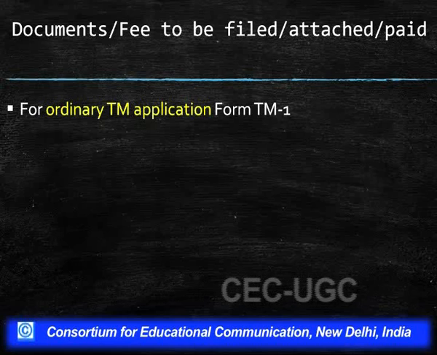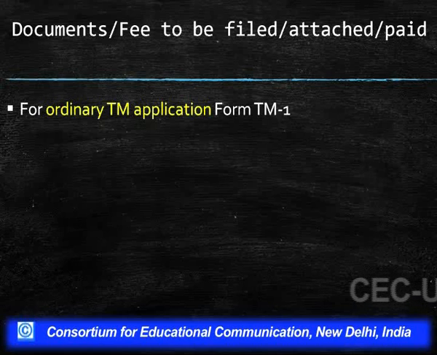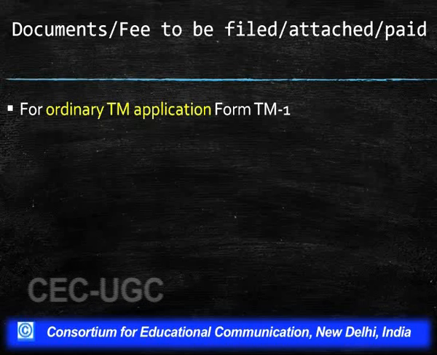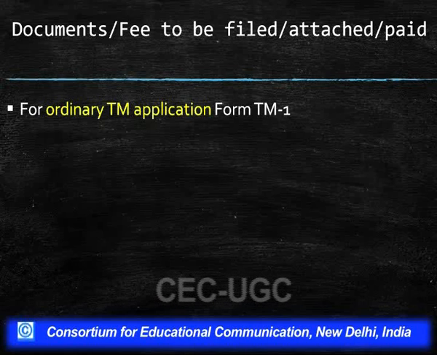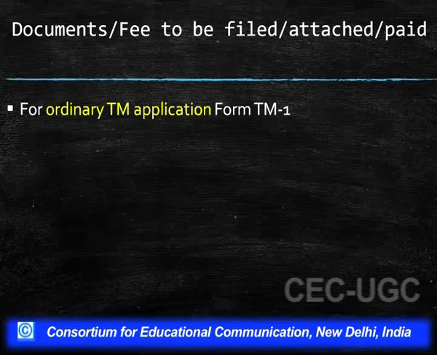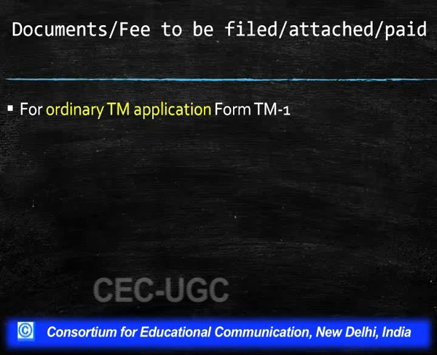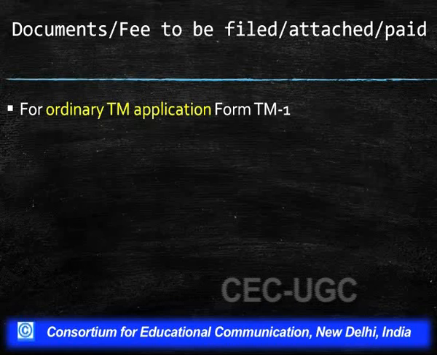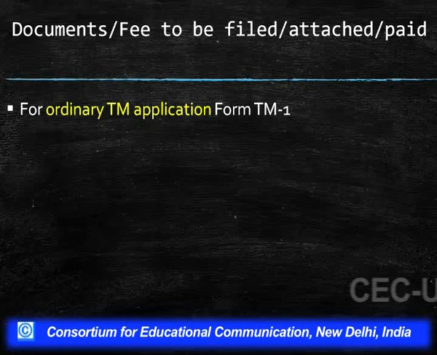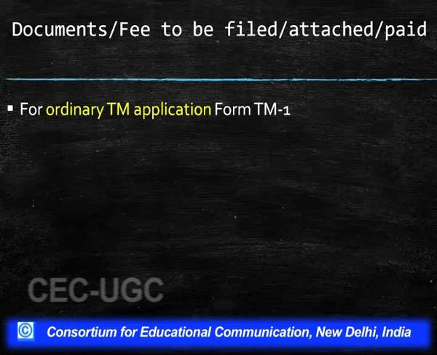It means an application for obtaining a trademark on goods or services falling in one class. A single application for a trademark to be registered on goods or services falling under one class is called an ordinary trademark application. For that, form trademark 1 has to be attached.